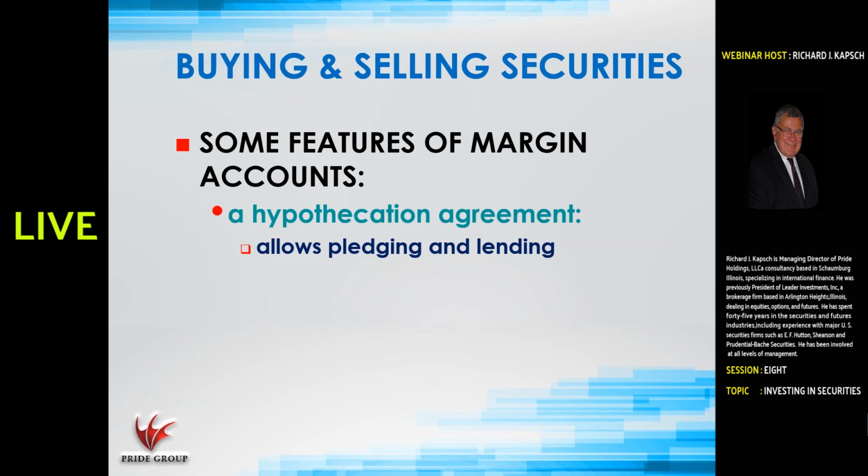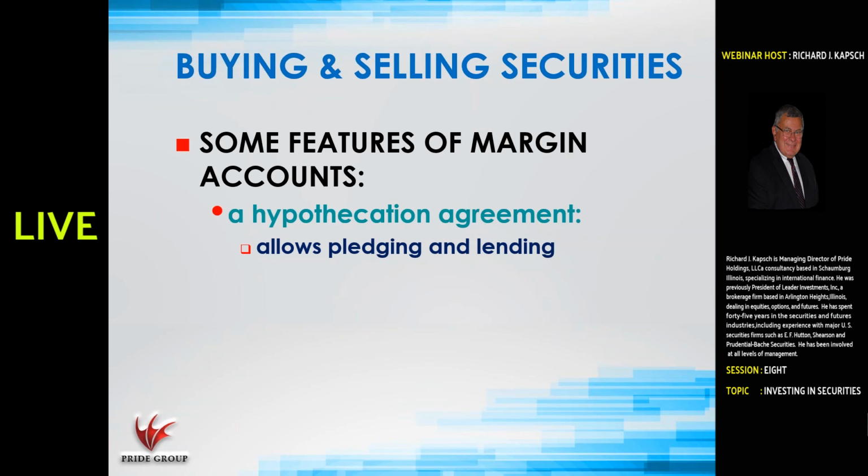So a hypothecation agreement allows the firm itself to use your stocks as collateral in loans to yourself to generate this additional leverage. So it's a little more formal than a regular trading account that you're probably used to.